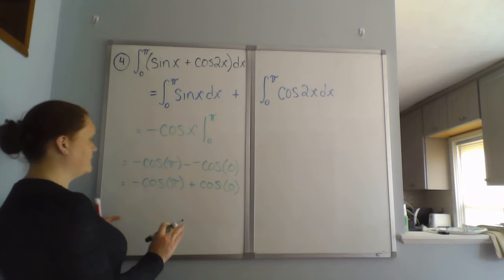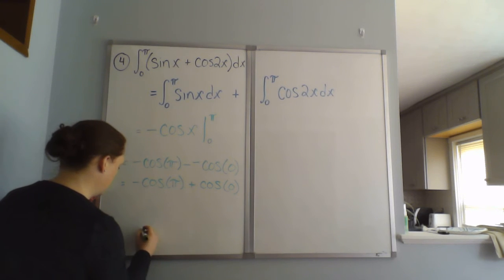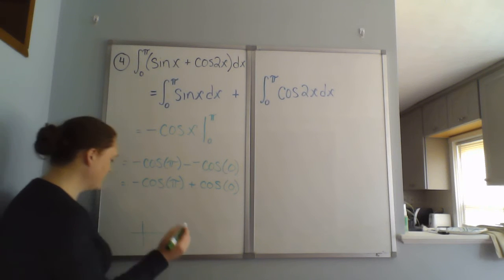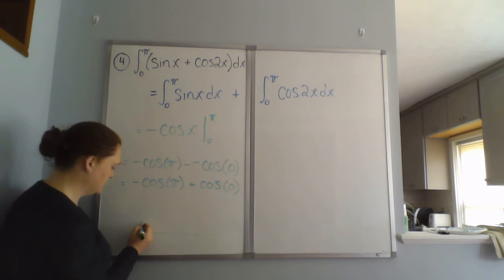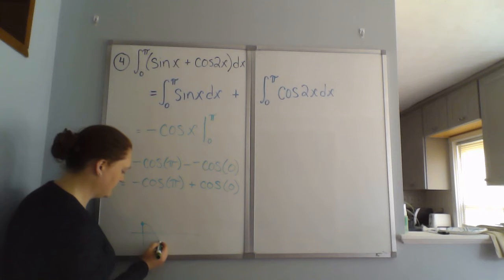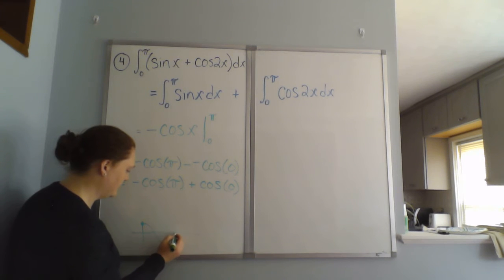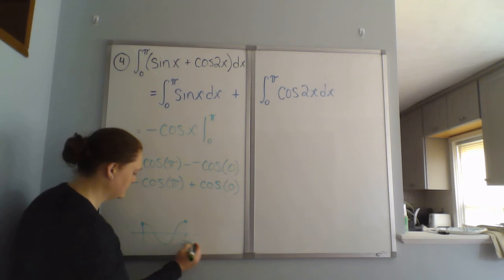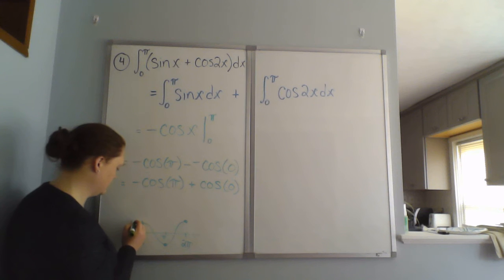Okay? So if you picture a cosine graph to assist you with this, cosine graph starts at 1, comes down, goes down again, comes back up, and up again. Okay, there's 2 pi. So pi is right in the middle. And the amplitude is 1, so this is positive 1, this is negative 1.